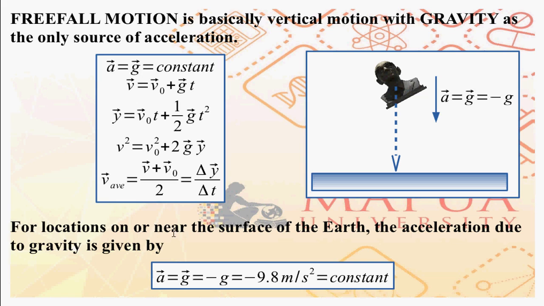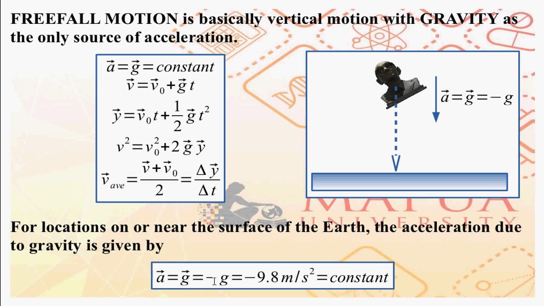The acceleration due to gravity varies from one location to another. For locations on or near the surface of the Earth, which will be the default situation as far as our discussion on freefall motion is concerned, the acceleration due to gravity is given by a is equal to vector g, acceleration due to gravity.